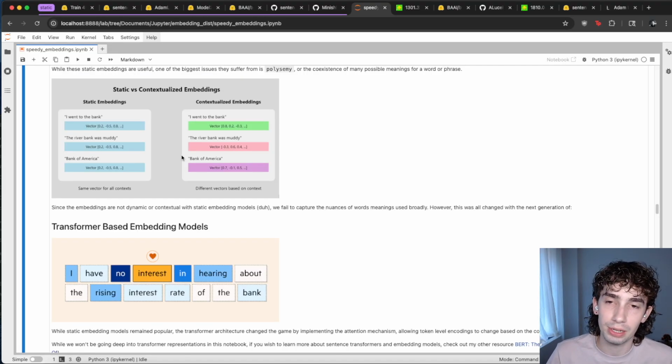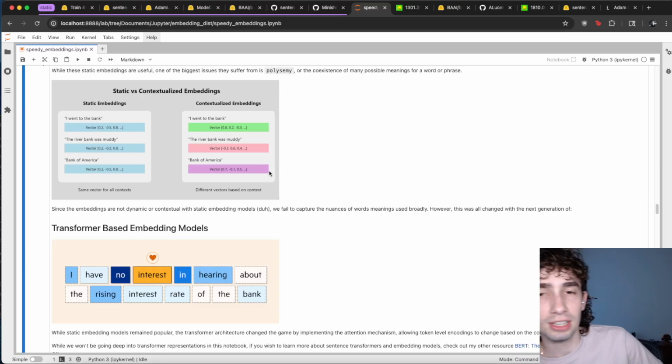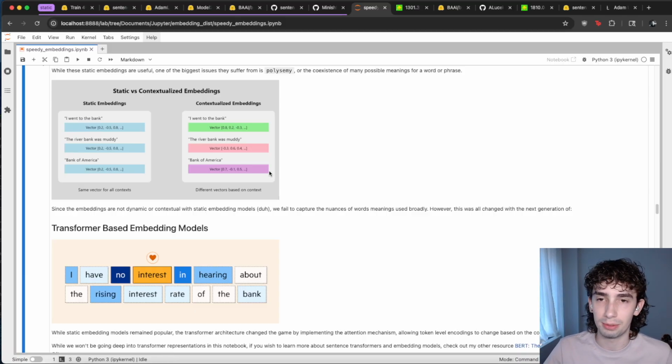Jumping down to a couple of diagrams here to show exactly what we mean here is that the advantage that the transformer-based embedding model has is that it's able to use, of course, the attention mechanism to be able to give more contextual meaning to specific words. So every time you actually encode a sentence, each one of the words in the sentence is going to be considered as it relates and correlates to every other word in the entire sentence. This can highly change the actual definition and meaning of the word.